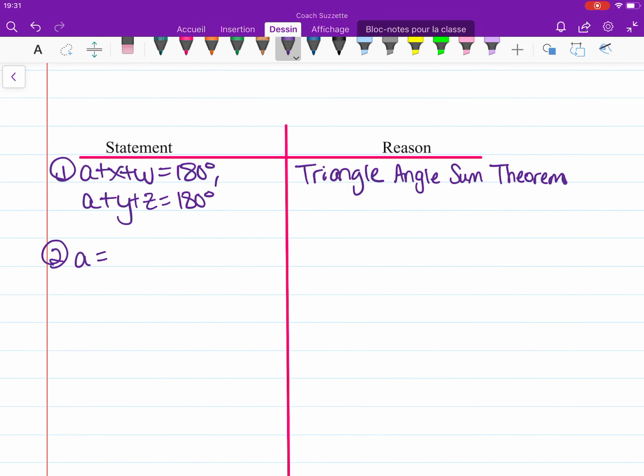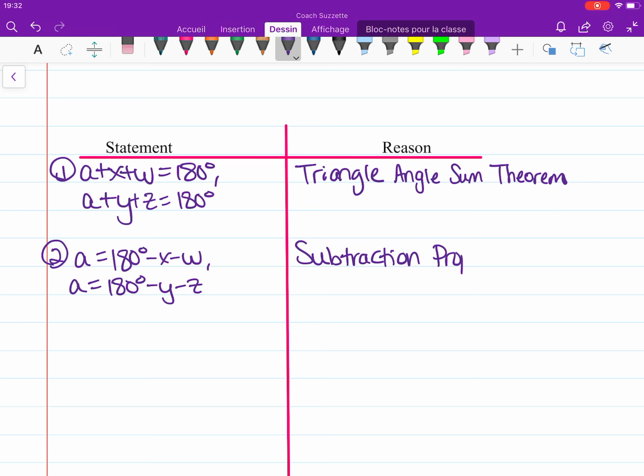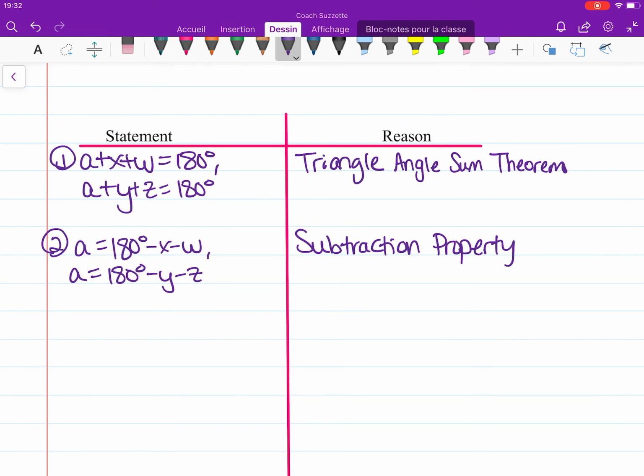So we have a equals 180 degrees minus x minus w, and a equals 180 degrees minus y minus z by the subtraction property of equality, which tells us that if we subtract the same amount from both sides of an equation, we have an equivalent equation.